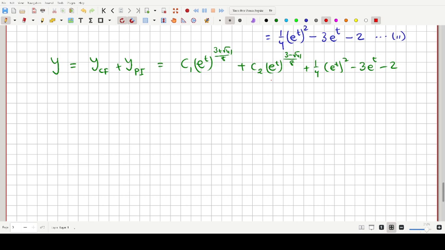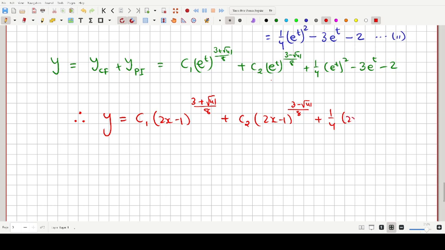So we get y, the solution, as c1 times (2x − 1)^((3 + √41)/8) plus c2 multiplied by (2x − 1)^((3 − √41)/8) plus 1/4 (2x − 1)² minus 3 times (2x − 1) and then minus 2.